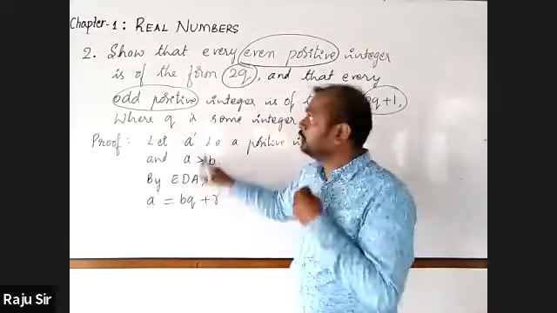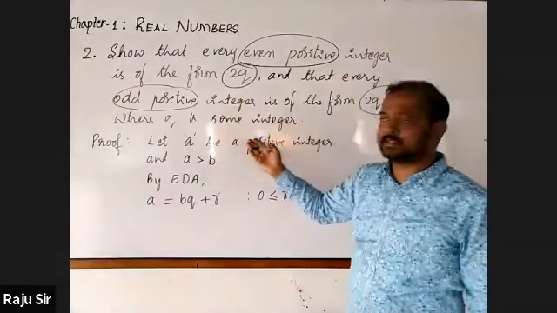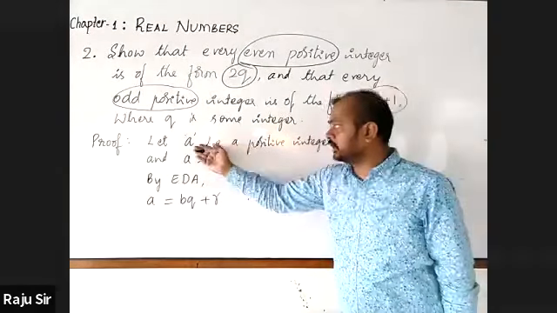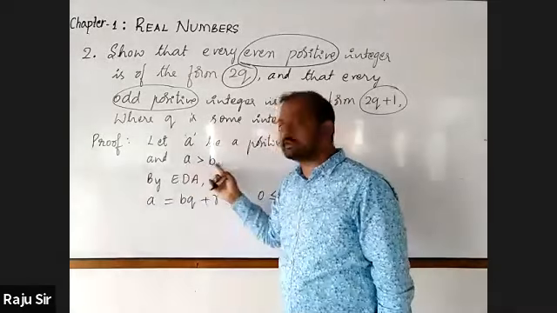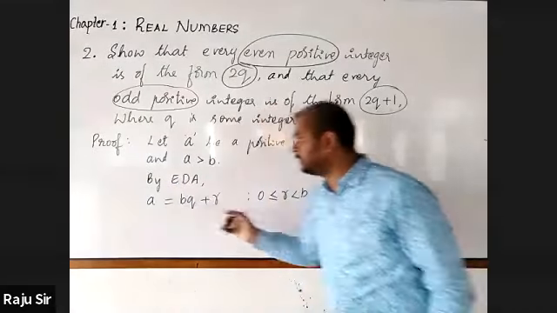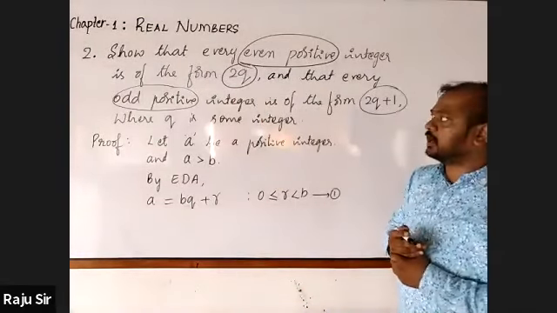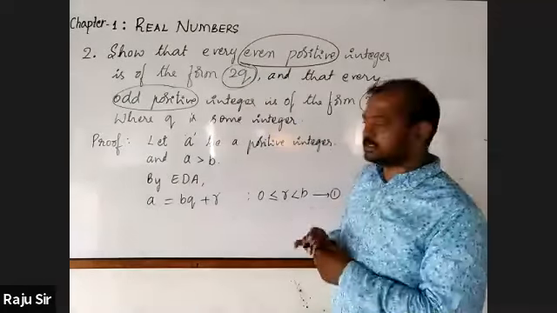Once I repeat, we do not know what that positive integer is. We have assumed that positive integer as a, and a is greater than b, then by using Euclid's division algorithm, we have written a equal to bq plus r. Observe here 2q and 2q plus 1 is there.